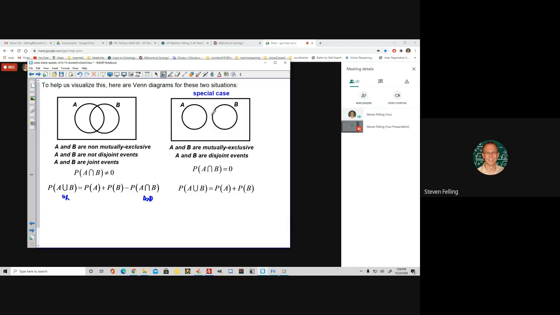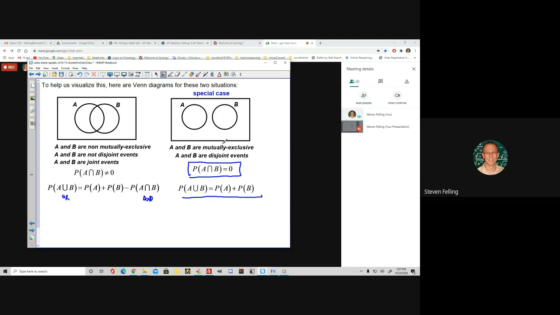And if that's true, then this probability of A and B would be 0. There's no chance of that happening. And so we get a simpler version of the OR formula that the probability of A or B is simply the addition. Okay. So what makes this the special case is the probability of A and B is 0. If it's not true, then we have to use the general probability formula, right?